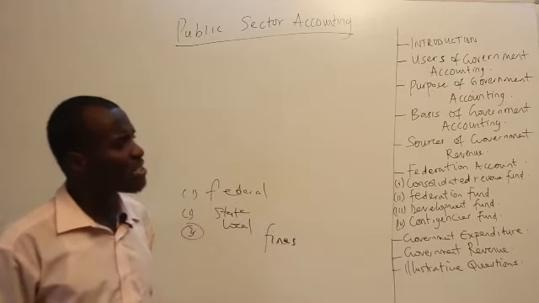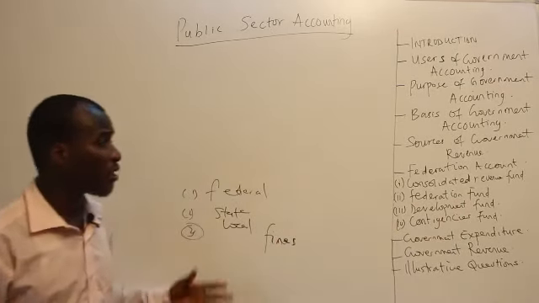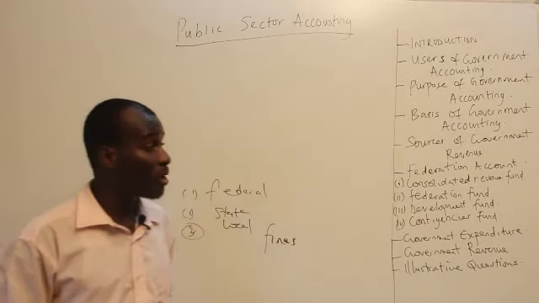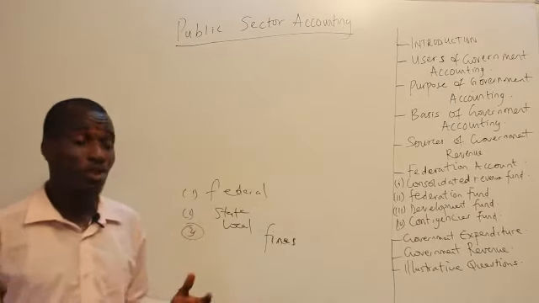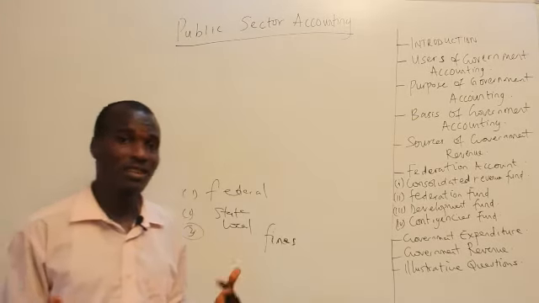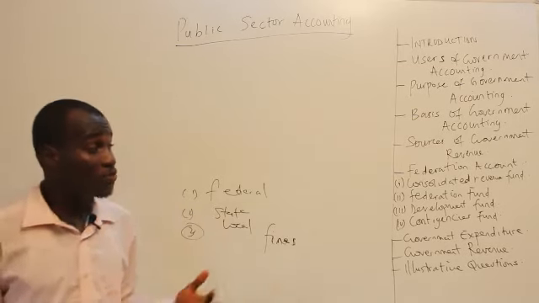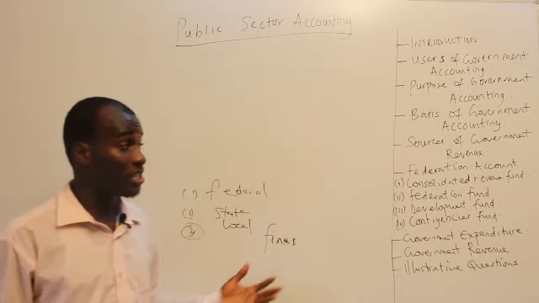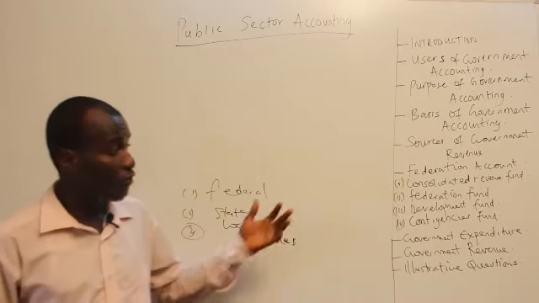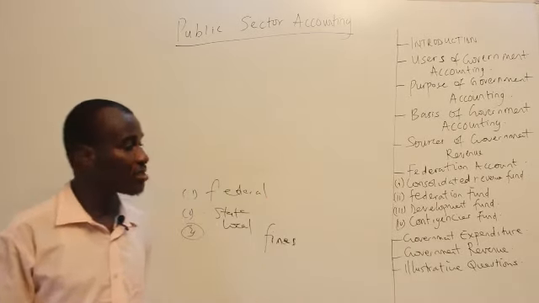So the next one is the foundation fund. The foundation fund is one of the accounts maintained by the federal government, and it shows all of the revenue received directly from government workers. So all of the revenue received from government workers is usually entered into the foundation fund, and some personal expenses are taken from the fund.